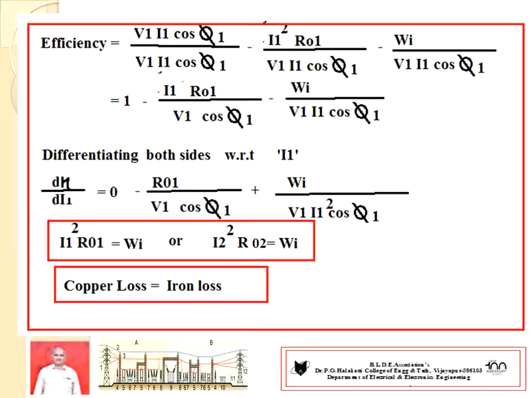V1 cos phi 1 is common on both sides. Remove that and rearrange the expression, and it becomes I1 square R01, which is nothing but the copper loss, equal to Wi, which is nothing but the iron loss. Hence, at the maximum efficiency condition, copper loss equals iron loss.